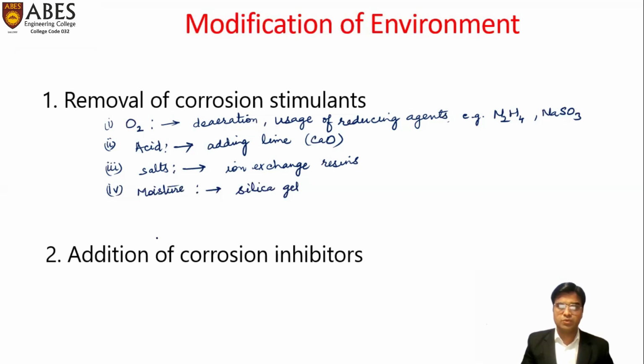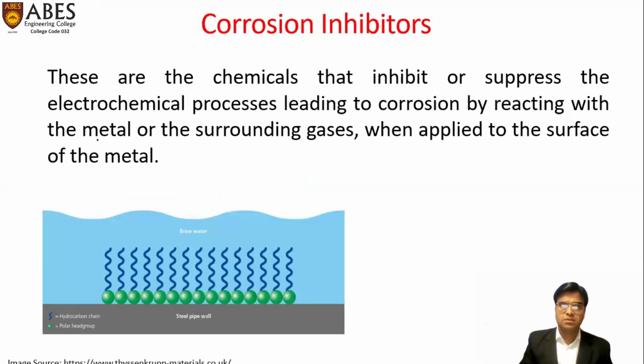Further, we can use certain corrosion inhibitors also. Corrosion inhibitors are those species which inhibit the corrosion process. Those may be organic or inorganic species as well. So let us first define them.